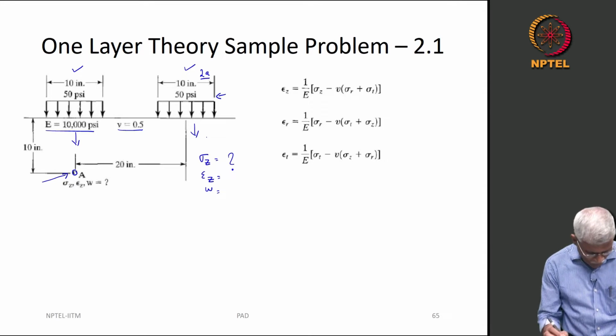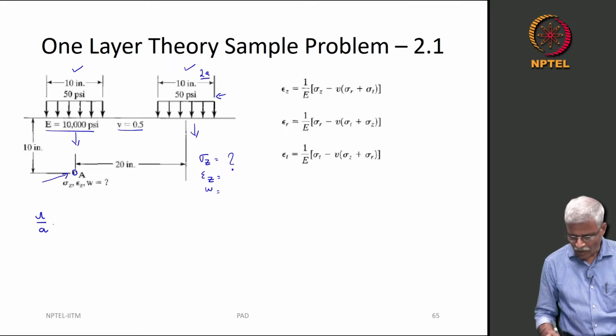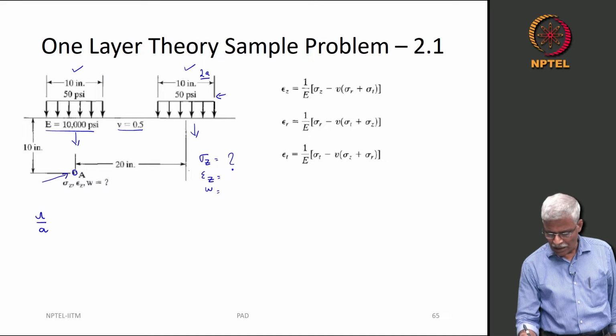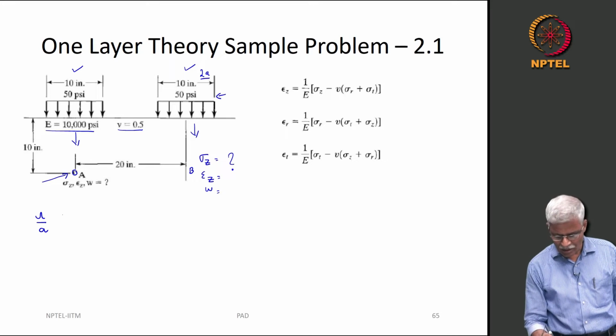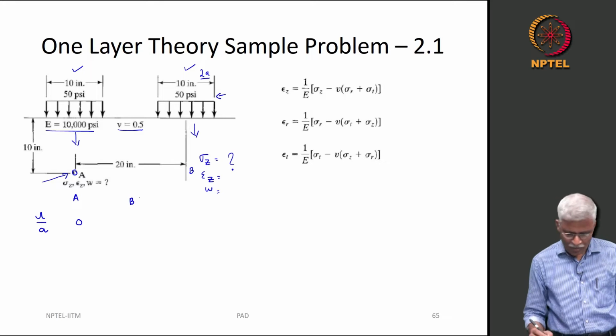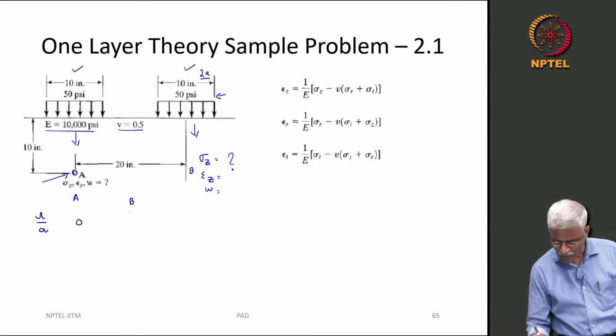So, if you take a look at these things, let us write r by a. You call this A, let us call this B. So, for A, r by a is 0. What about for B? It is going to be 20 by 5.